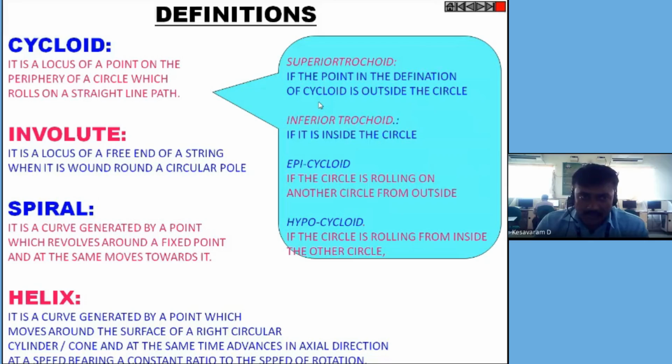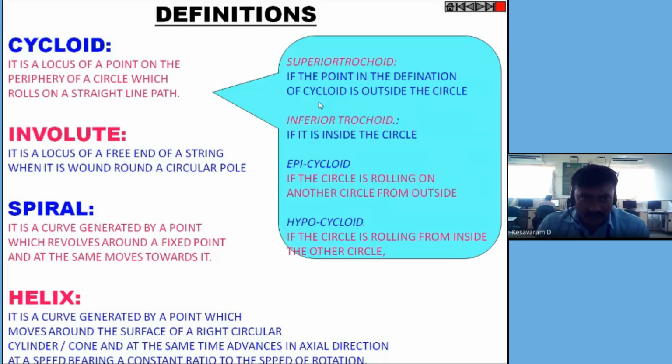If the circle rolls on a straight line, the locus of a point on the periphery of the circle will give a cycloid. If the same circle rolls on the outside of another circle, then the locus of the point on the periphery of the circle will give an epicycloid. If the same circle rolls inside of another circle, then the locus of the point on the periphery of the circle will give a hypocycloid.